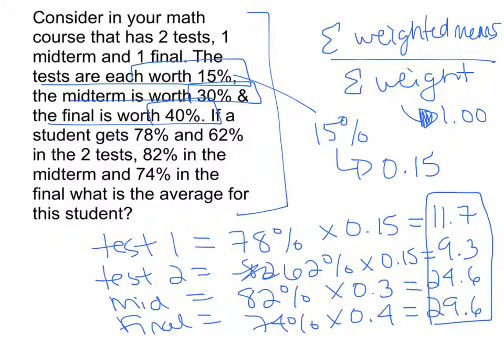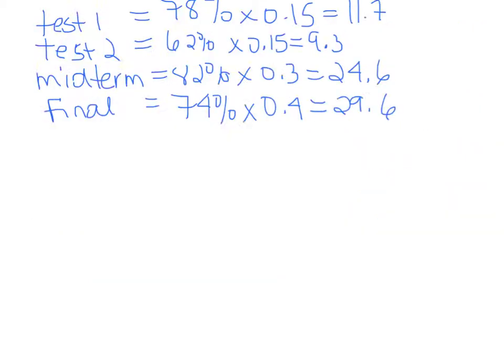In a moment we're going to sum those. So I'm just going to move to the next page with the same information so I have more room to write. Now we're going to add these up to give us a sum. We're going to take the 29.6, 24.6, 9.3, and 11.7 and add them up.